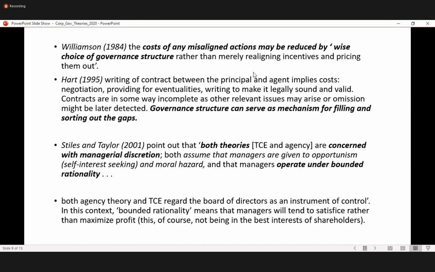So both agency theory and TCE, transaction cost economics, regard the board of directors as an instrument of control. And in this context, bounded rationality means that managers will tend to satisfice.